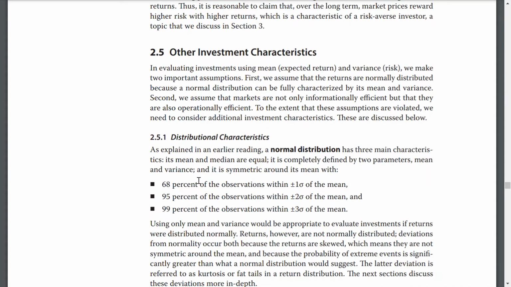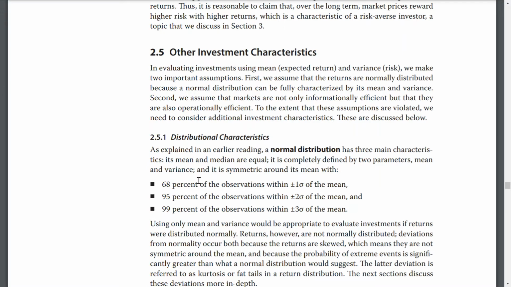We make two important assumptions. First, we assume that the returns are normally distributed, because a normal distribution can be fully characterized by the mean and variance. Second, we assume that the markets are not only informationally efficient, but they are also operationally efficient. To the extent that these assumptions are violated, we need to consider additional investment characteristics.